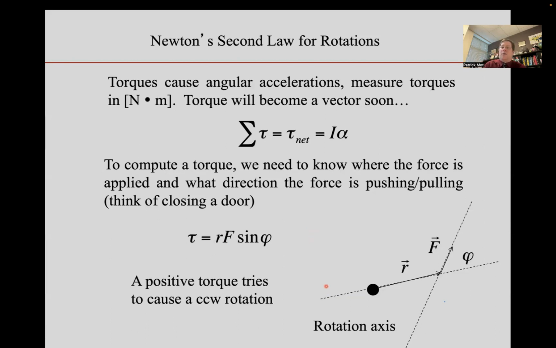If I look down on the situation and the applied force is trying to cause a rotation that is counterclockwise, then that is a positive torque. So in this drawing, it is. If the force were trying to cause a clockwise rotation, then it would be a negative torque about this axis. And that goes back to our convention in physics that a positive rotation is a rotation that is counterclockwise when viewed from above.